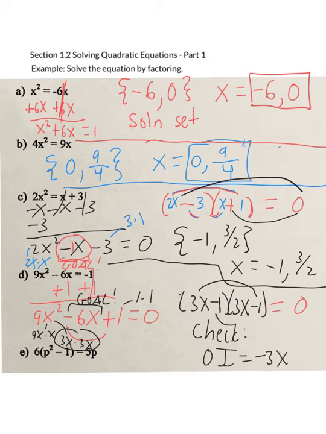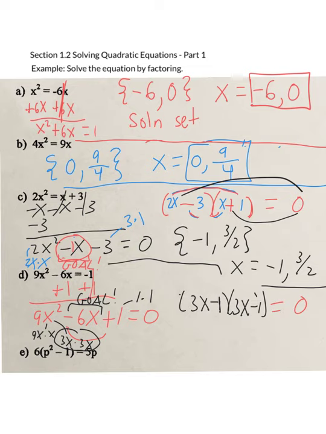The inner term is minus 1 times 3x, another negative 3x. Negative 3x minus 3x is negative 6x. Hey, that's the middle term. Yay! So we got the right answer with the first guess. So I ended up with 3x minus 1 times 3x minus 1.